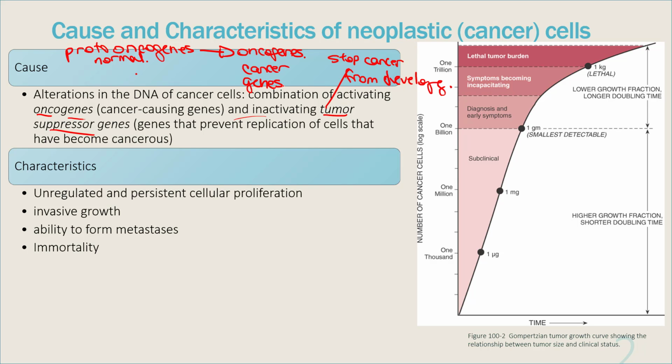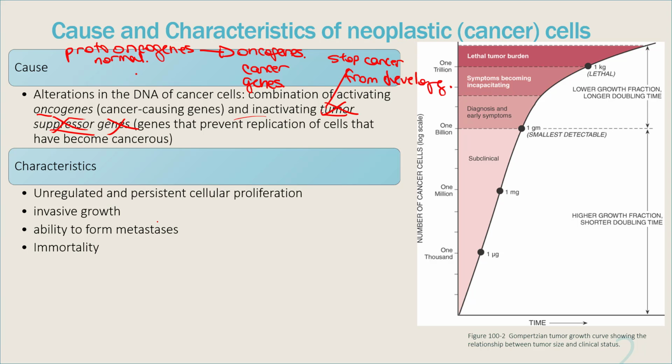And so what happens is that the DNA of cancer cells changes so that these normal proto-oncogenes are converted into oncogenes, and then these tumor suppressor genes are inhibited. And so there's no brake to actually stop cancer from developing.